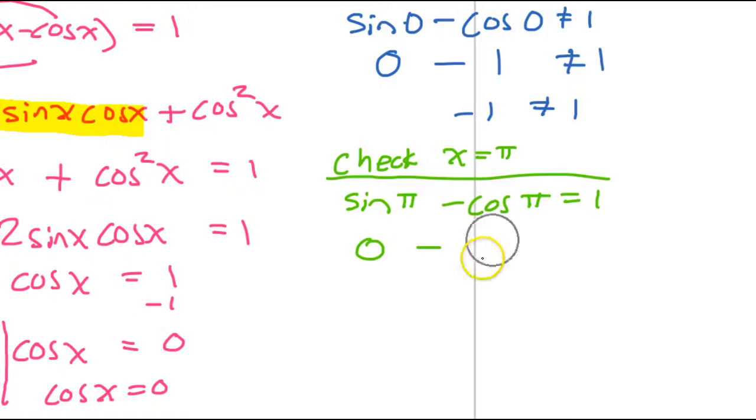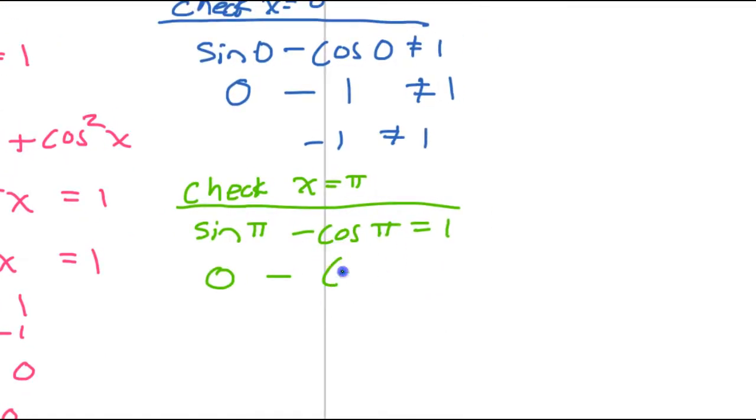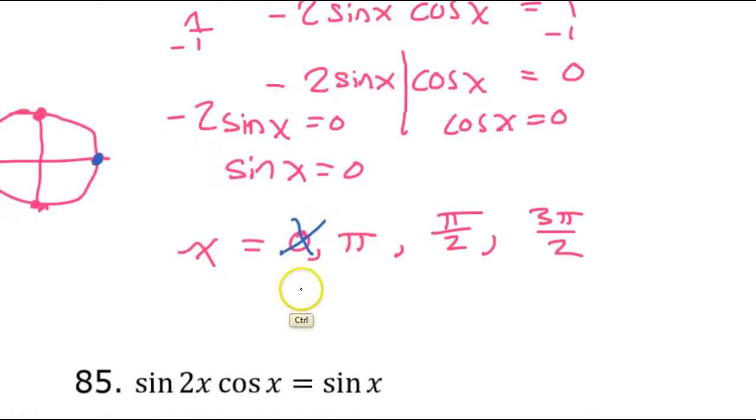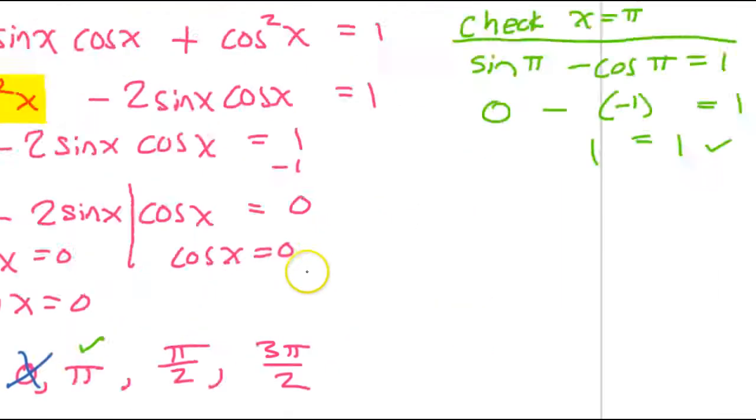Cosine of pi is negative 1. So the question is, does this all equal positive 1? Well, minus a negative is addition. So it does become positive 1 equals positive 1. So this checks out. Pi is a good solution.